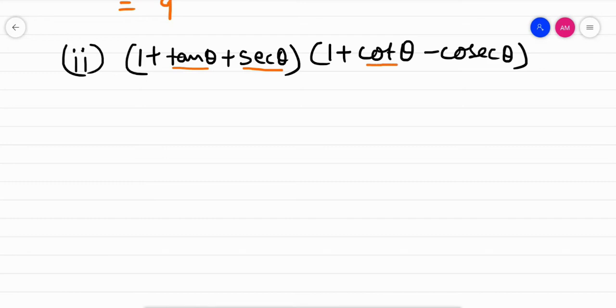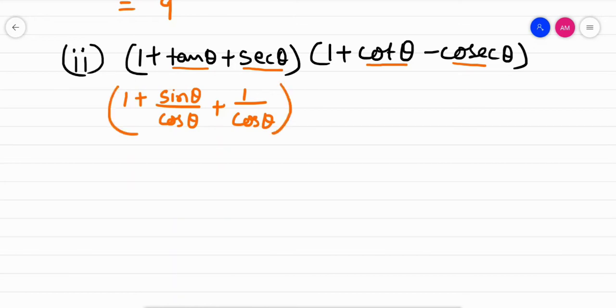Again you split this one as cos by sine and this as 1 by sine. So first we shall see this one, 1 plus sine theta by cos theta, plus sec means 1 by cos theta. Okay, so put it in the bracket.